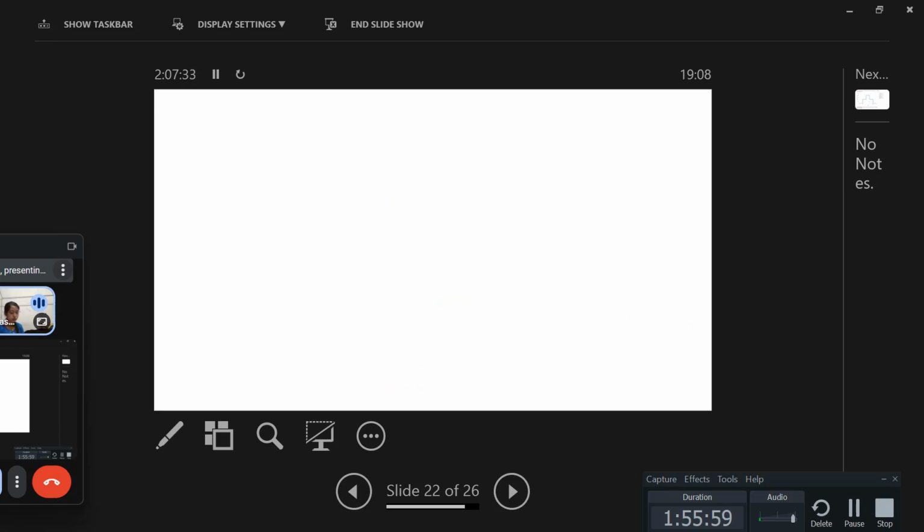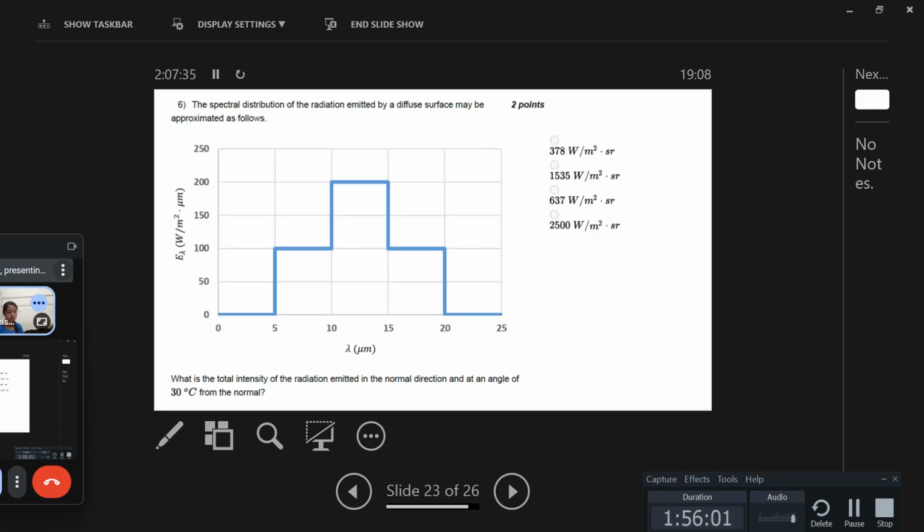Okay, the next question is the spectral distribution of radiation emitted by a diffuse surface may be approximated as follows. What is the total intensity of the radiation emitted in the normal direction and at an angle of 30 degrees from the normal? Okay, I don't know why they're giving C everywhere.